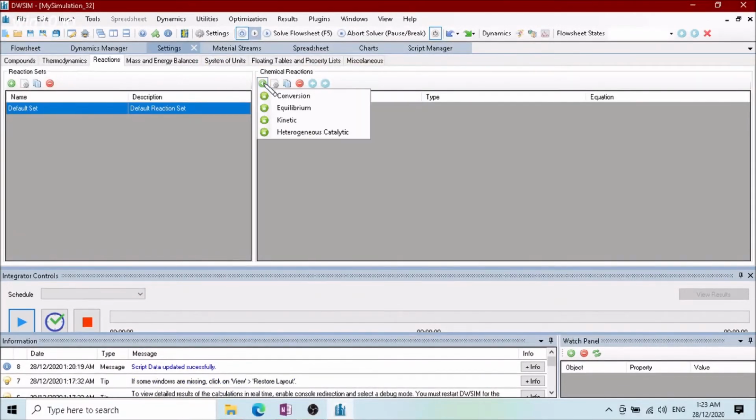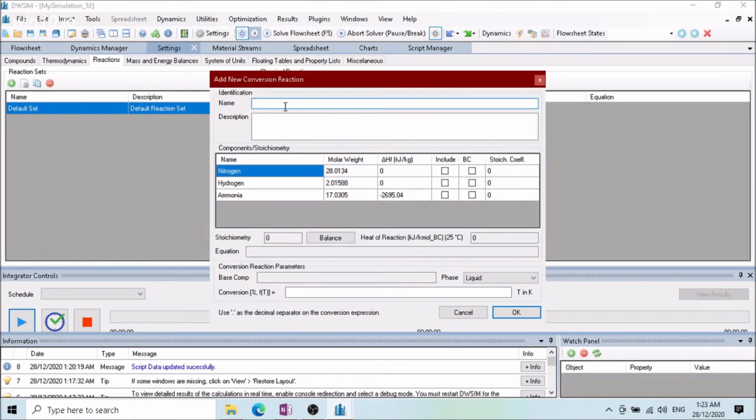For our reaction, we add a conversion, which we name ammonia production, and we include all our compounds, and the base component would be nitrogen. And for the stoichiometric coefficient, we take note that for products it is positive, and for reactants it is negative.